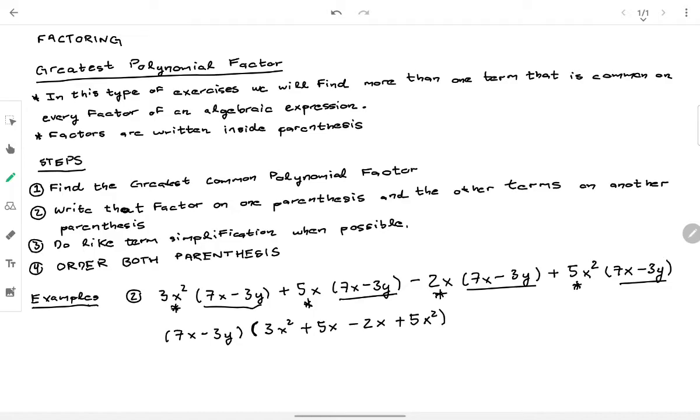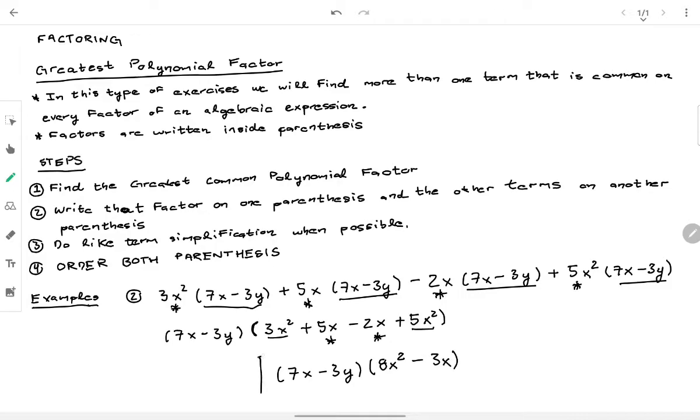Then it says do like term simplification when possible. In this case, I can do like term simplification because we have two like terms and two other like terms. So the correct answer is going to be 7x minus 3y, that multiplies 5 plus 3, it's 8x squared minus 3x.